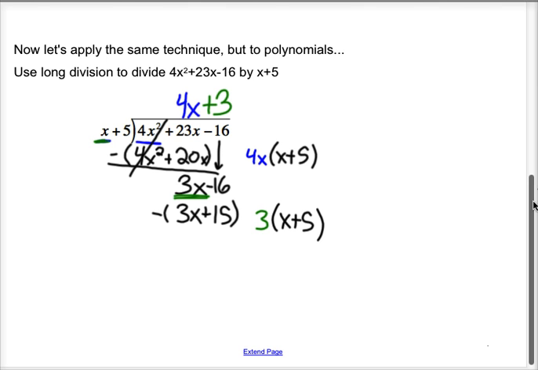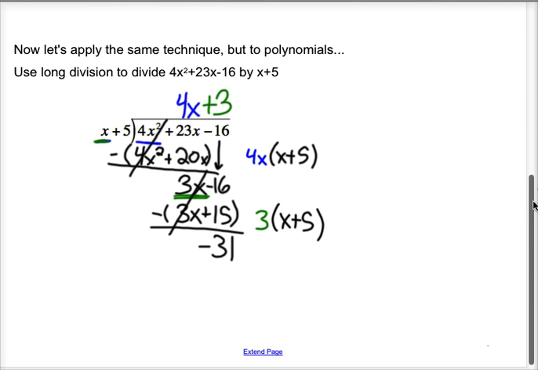Now I'm going to subtract it off to see how close I got. So 3x minus 3x cancels just like we wanted it to. Negative 16 minus 15 is going to leave me with negative 31.